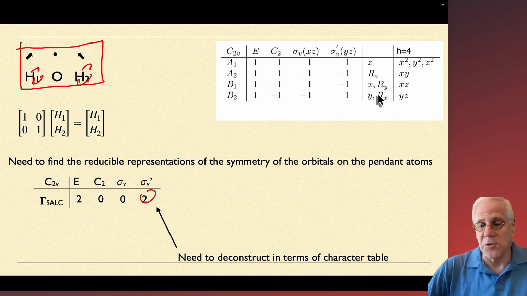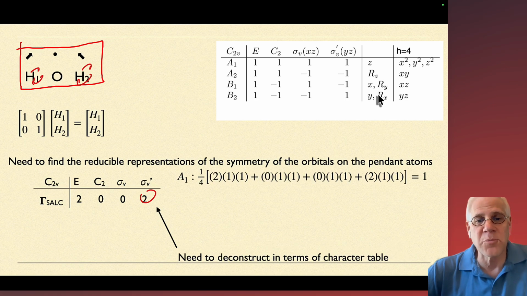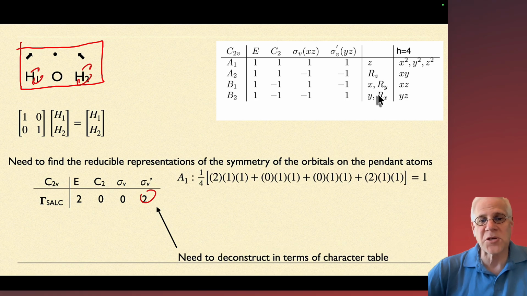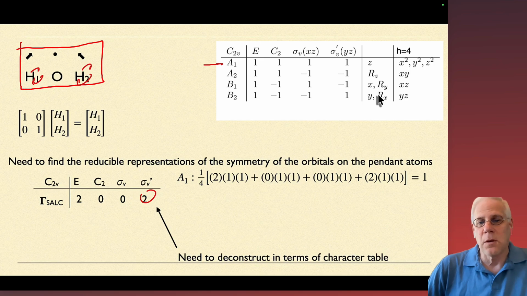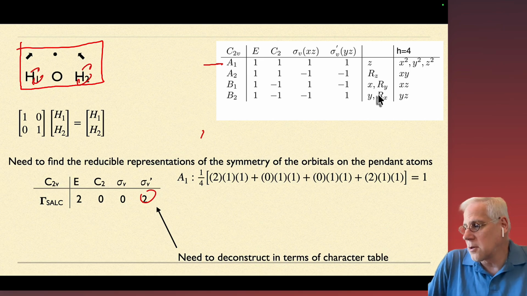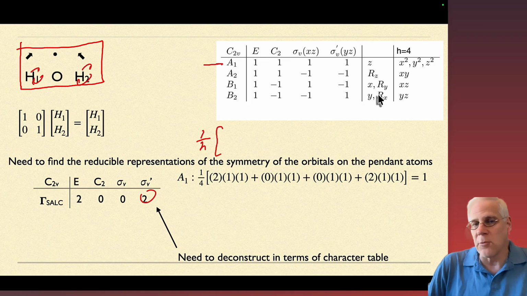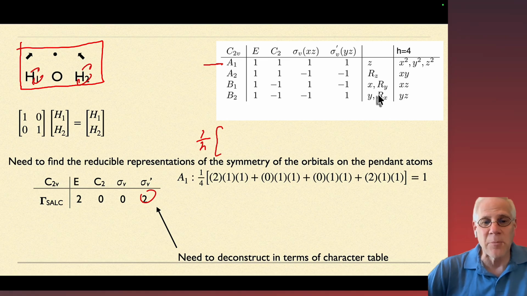The other way that we do this is through something called the projection operator. And for a projection operator, what we do is we take each of our functions here. So we'll start with A1, and we take 1 over h. So here our h is 4. And then we're going to multiply it by a lot of different numbers. And we've got 2, 1, and 1.